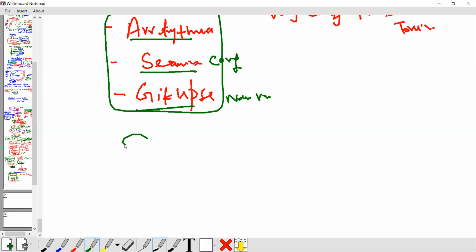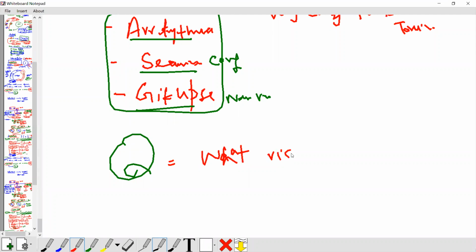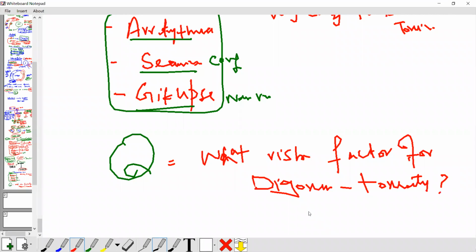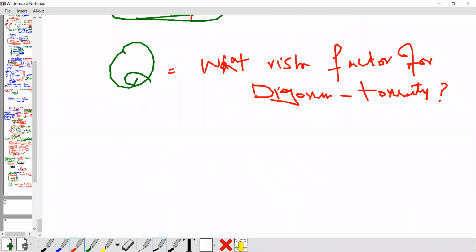Now a very important question about digoxin. What are the risk factors for digoxin toxicity? Clear? So what risk factor? Number one, most important here, renal failure.